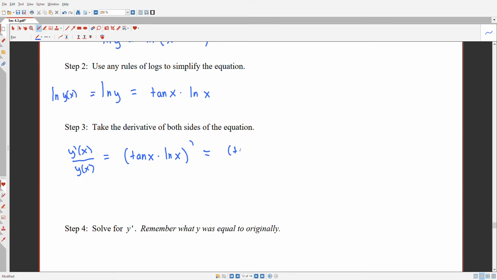That'll be the derivative of tangent times natural log plus tangent times the derivative of natural log of x. And what do we have here? Well, the derivative of tangent, I'm sure everybody remembers, is secant squared.